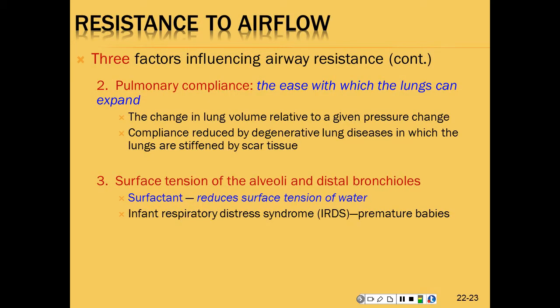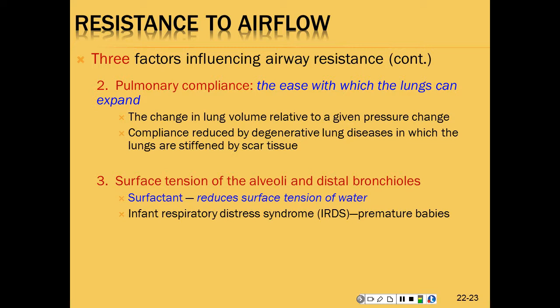So our second factor that influences air resistance is our pulmonary compliance. This term refers to the ease with which the lungs expand, or the change in lung volume relative to a given pressure change.